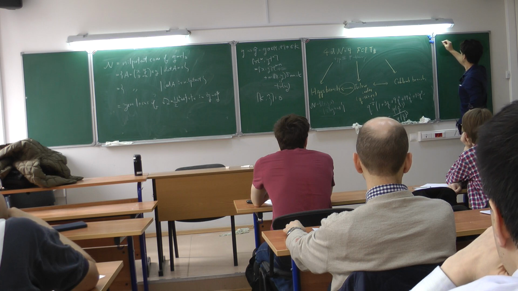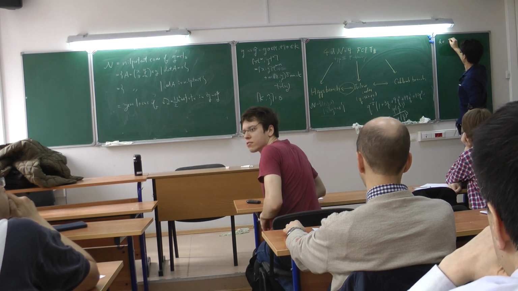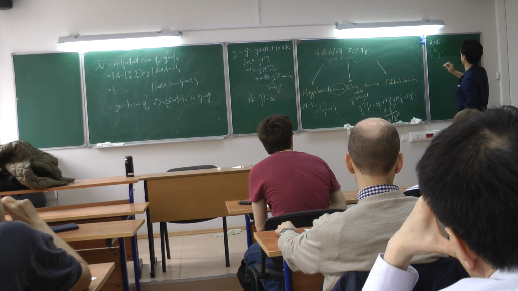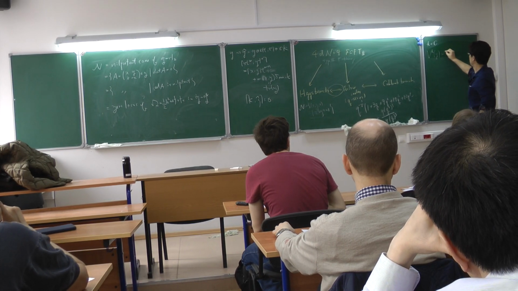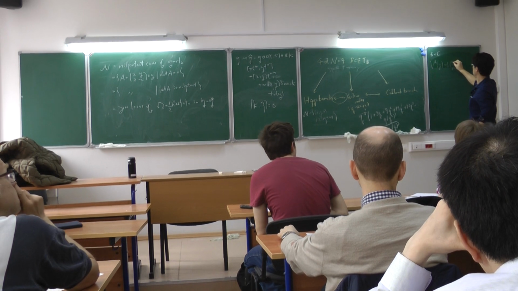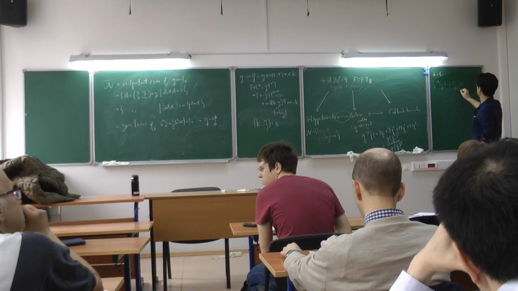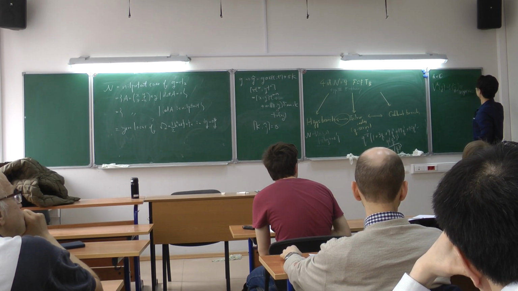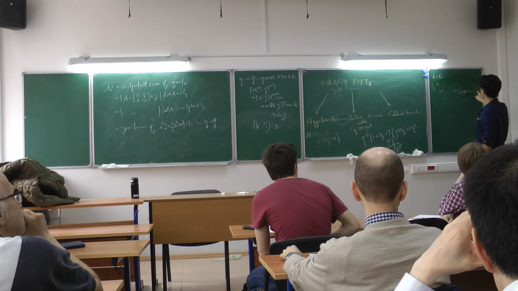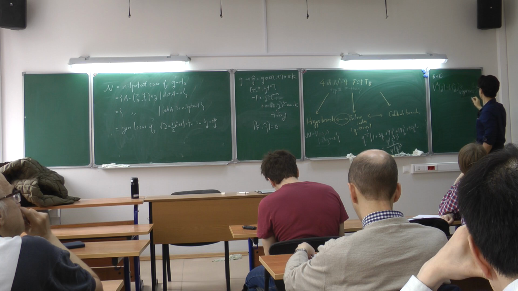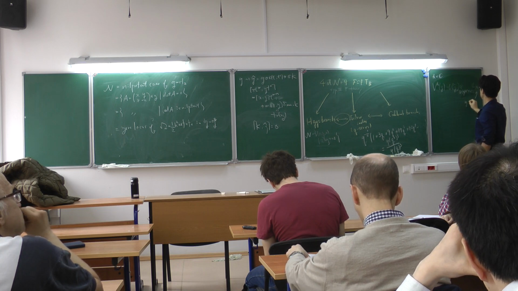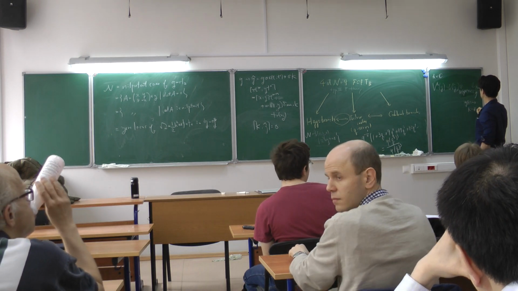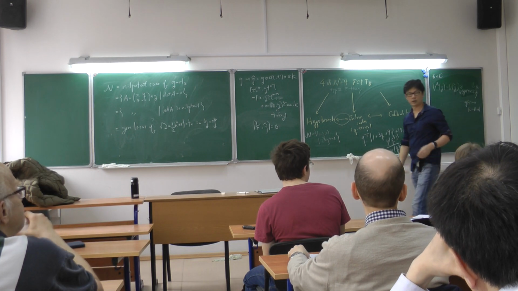I take any complex number k, and then I consider the following representation, which already appeared in Misha's talk. It's an induced representation induced from a trivial one-dimensional representation of the parabolic subalgebra, where g[t] acts as 0 and k acts as this number k.